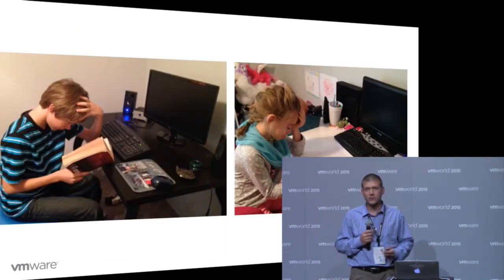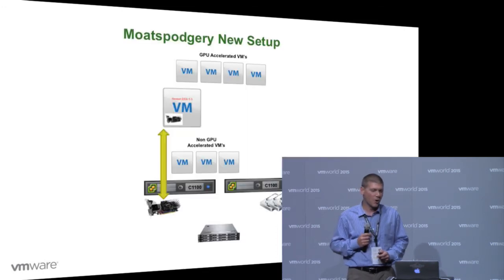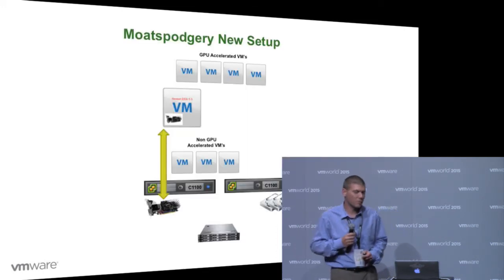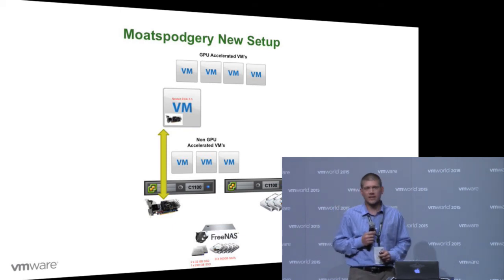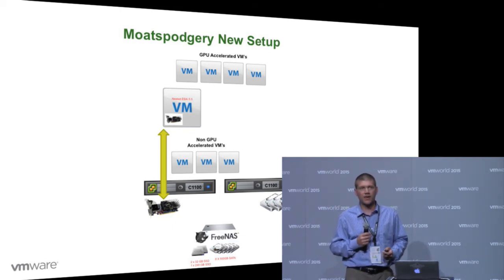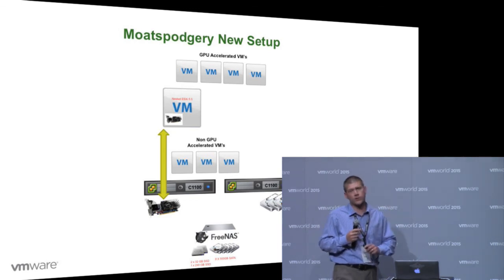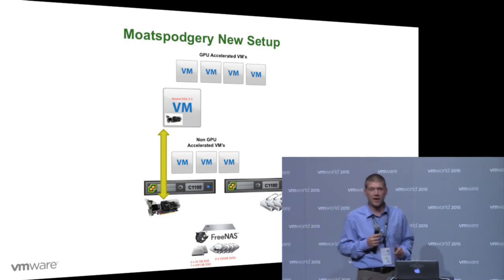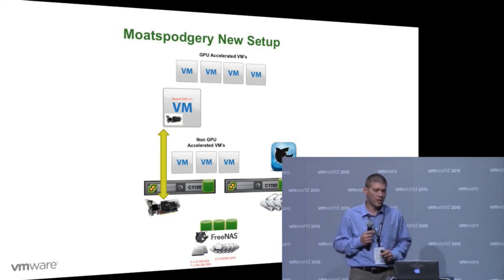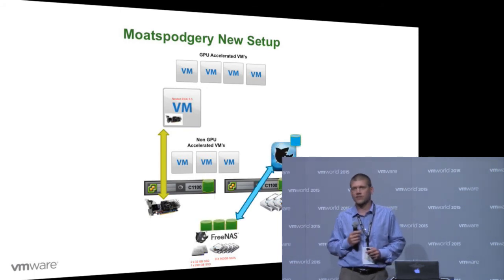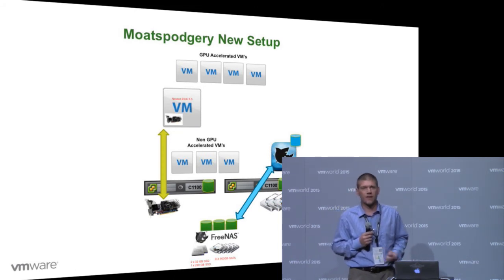So in my quest to increase my uptime and make sure that my kids didn't look like this on a regular basis, I moved off of Nexenta and onto FreeNAS for my storage. The reason I did this is because there's a really awesome built-in replication feature with FreeNAS that will actually use the VMware snapshot APIs, and you can target a LUN and give it your virtual center credentials, and you can snapshot and replicate one LUN to another, and it'll have crash consistent backups that are replicated to that other one.